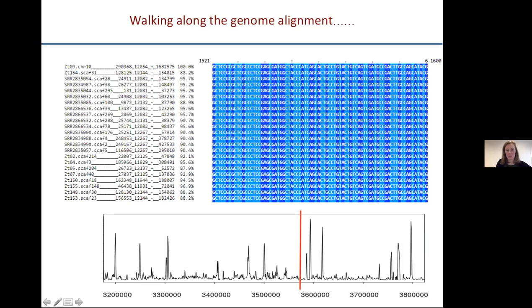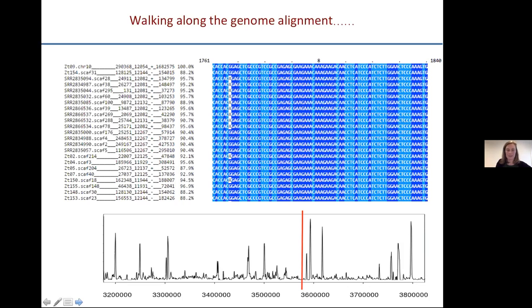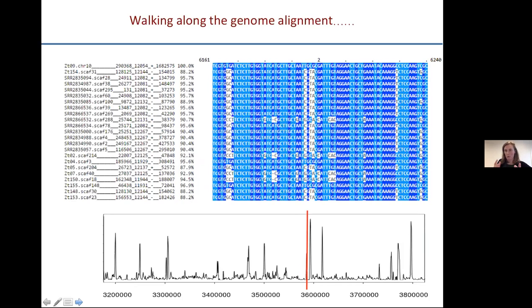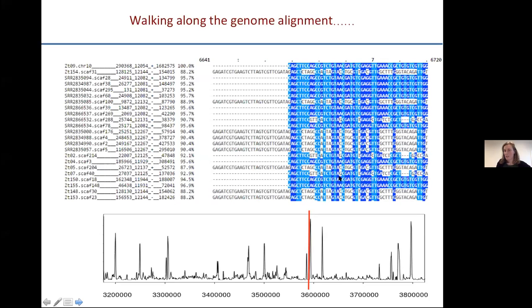So when Alice looked over the genome alignment, in a normal window it would look nicely like this, and you have your polymorphisms segregating as expected. And then when you start to move into some of these more variable regions, we identify a very interesting pattern here.